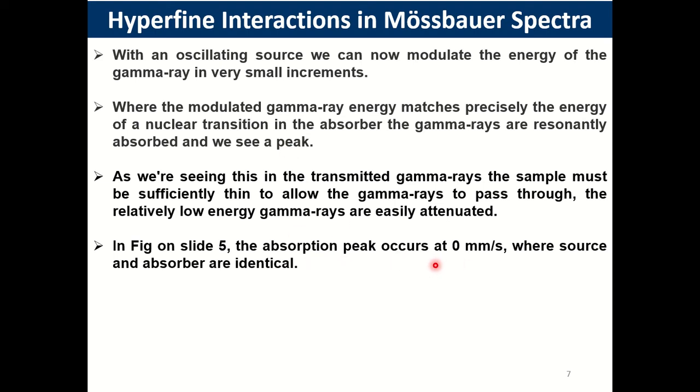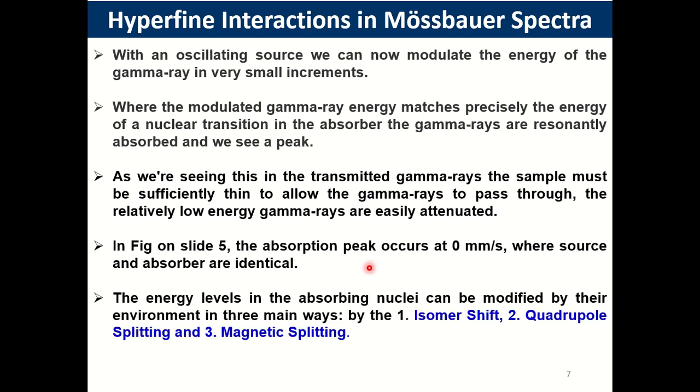So when the source and absorber nuclei are identical, the energy levels in the absorbing nuclei can be modified by the environment. Suppose I am placing an iron atom surrounded by cyanide ions, or an iron atom surrounded by carbonyls.